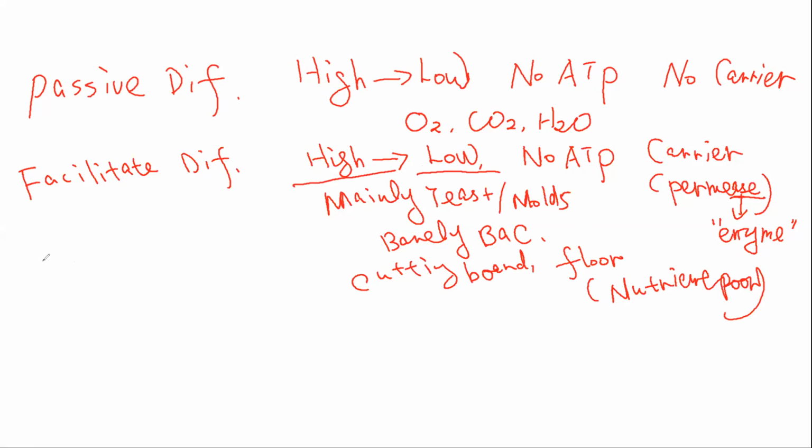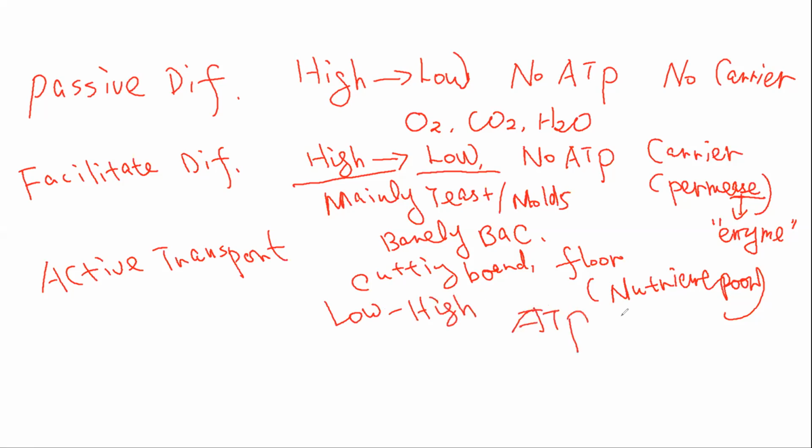Now for bacteria, active transport is used a lot. This is from low concentration to high concentration. We need ATP, that's the energy currency, and we need a carrier.